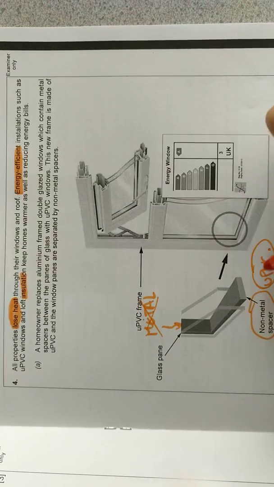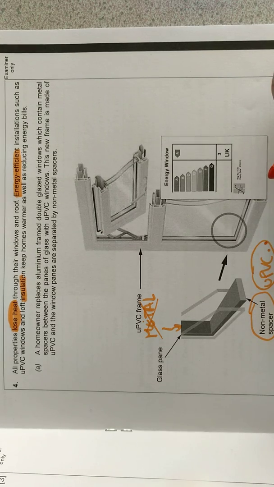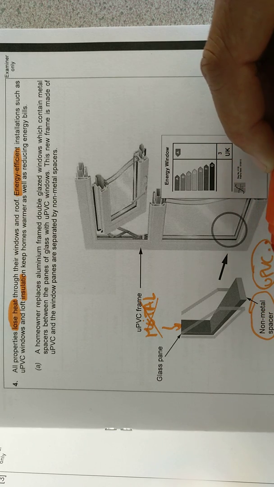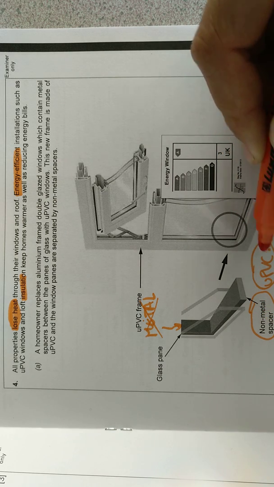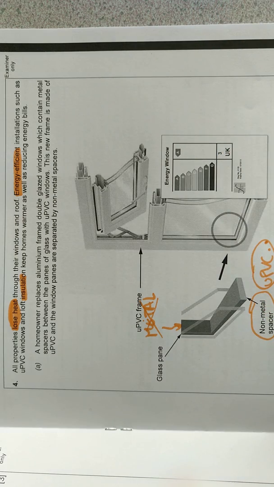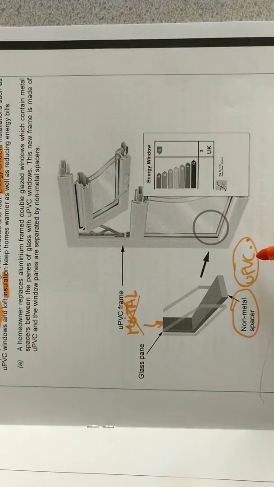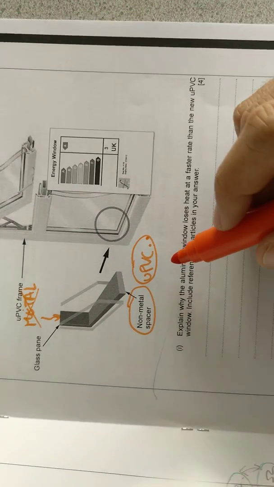That is the new windows that we got. Now, they are telling us something about metals, non-metals, this material that is a sort of plastic is going to be an insulator.